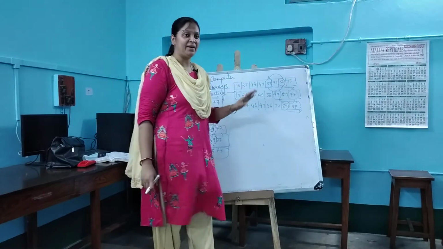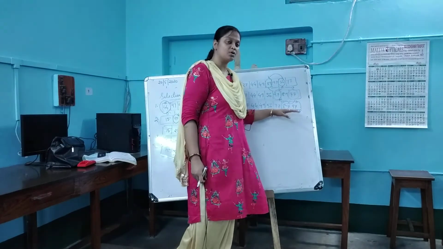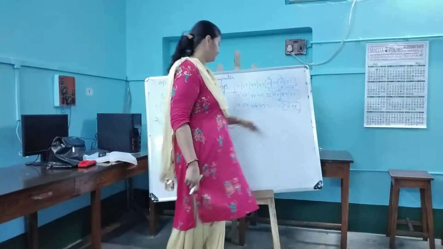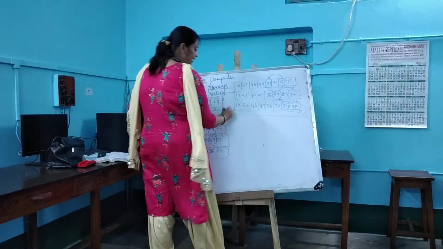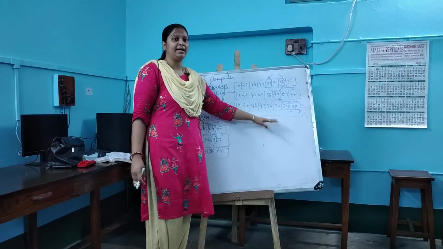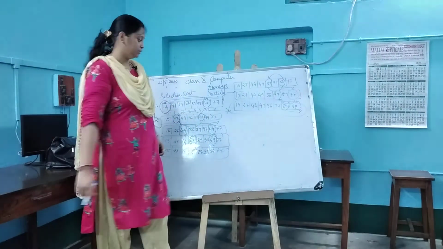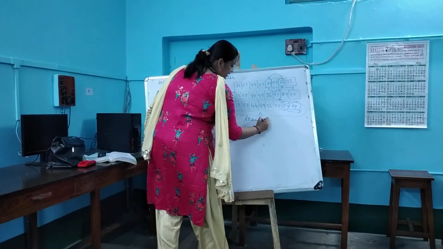That means swapping will not take place at the last condition, because it is already in sorted form. So the new list which we have got after sorting is this one, where the elements are sorted in ascending order.